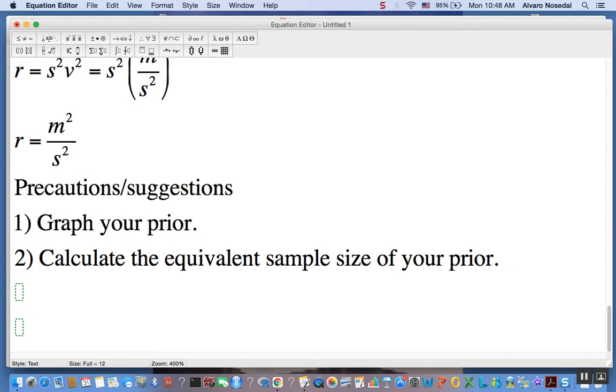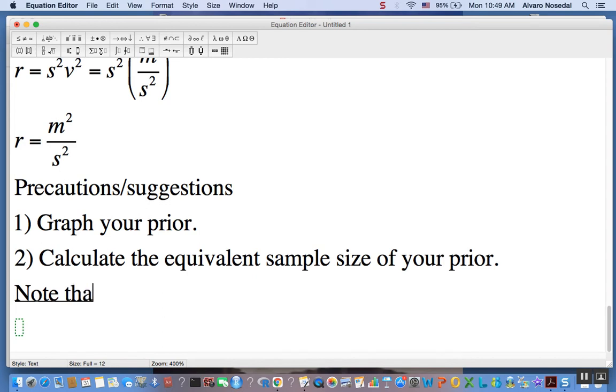Back then, when we talked about binomial likelihoods, it was as if you had seen previously a prior sample with a number of successes and a number of failures. In this case, it's going to be the same idea, but slightly different. Your equivalent sample size will be in terms of the parameters of the gamma prior, R and V. Okay, so first, one way of finding that equivalent sample size of your prior.